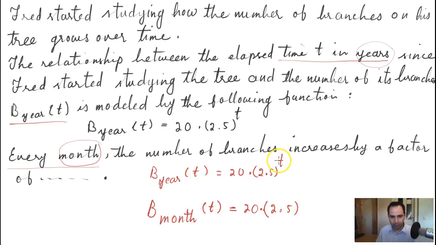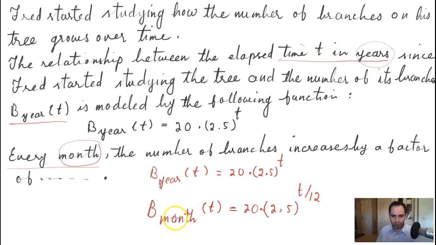But I'm basically making some changes to this function to make it a function based on inputs relevant to months. So there are basically 12 months in a year. So since there are 12 months in a year, you have to divide t by 12.